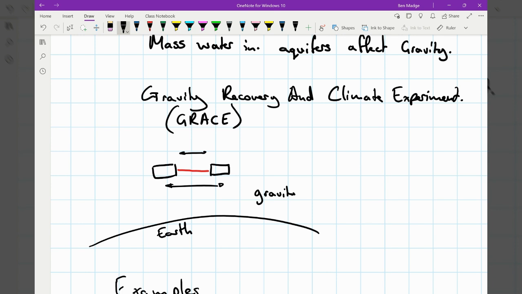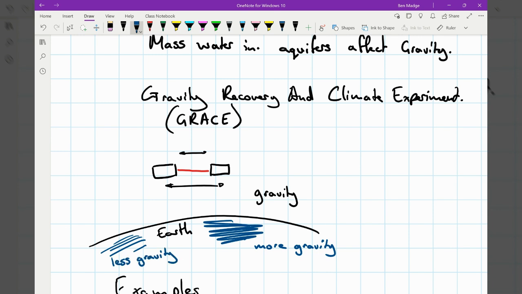So the more water in an aquifer equals more gravity, and the satellites will move closer to each other. Aquifers with less water in them will have less gravity because they've got a lower mass, and so they will be further away from each other over that point. So that's how we can measure large areas very quickly and accurately.